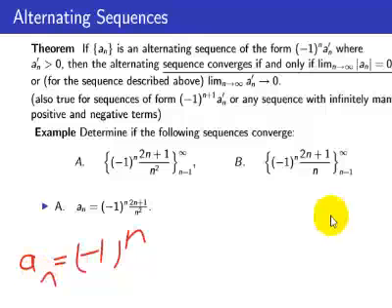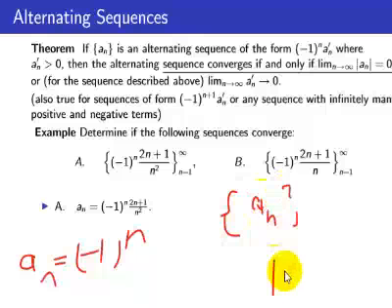Like that, an alternating sequence. When it comes to convergence of that sequence, you have to consider the magnitude, the modulus of that sequence. So say this is an alternating sequence a sub n.